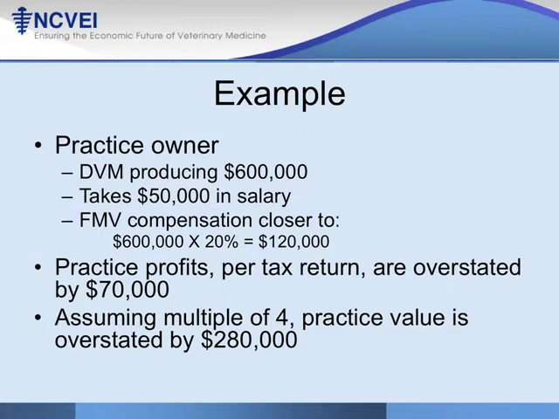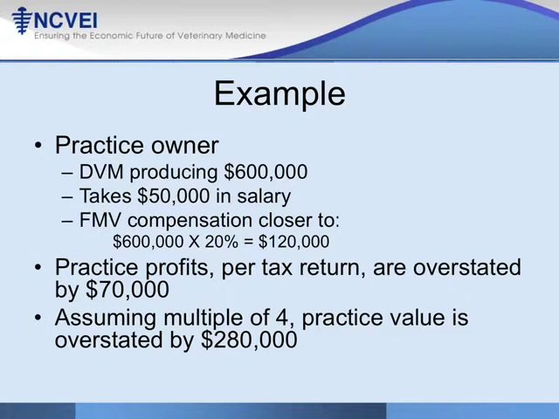In most valuation techniques, the person appraising the practice goes through and calculates what's the true cash flow of the practice. Starts with the true profits of the practice, adjusts it to cash flow, and then that cash flow is used to determine what the true value is. And that's usually done by multiplying that cash flow by some number. And the multiple, what that number is, is it 4, is it 6, is it 5, is it 2, is it 7, is it whatever, is determined by analyzing the risk factors in the practice.